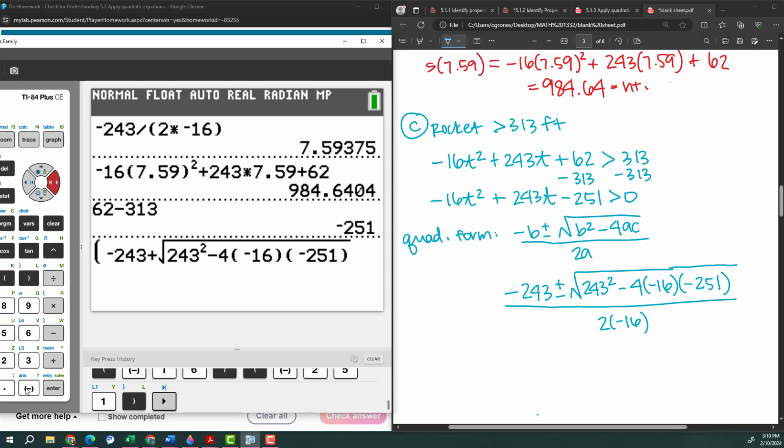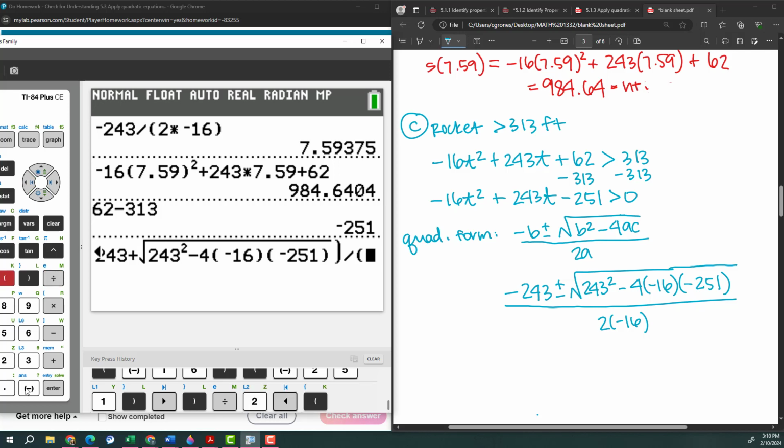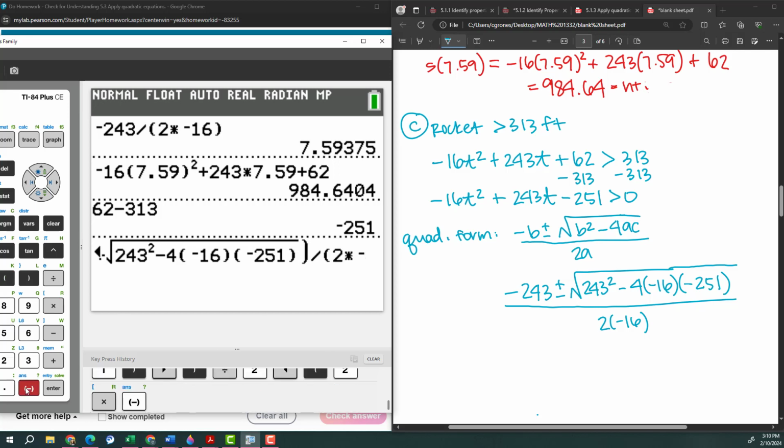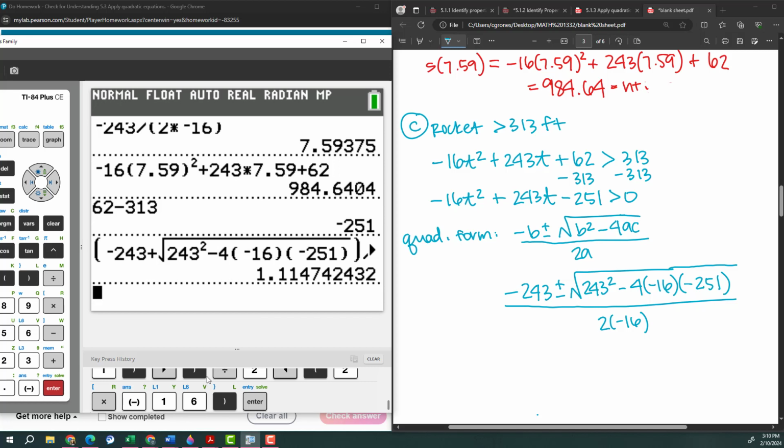Okay, so this is all in our square root. That looks good. I'm going to close our parentheses because this is our numerator, divided by 2 times negative 16, also in parentheses. And for this one, I get 1.11.